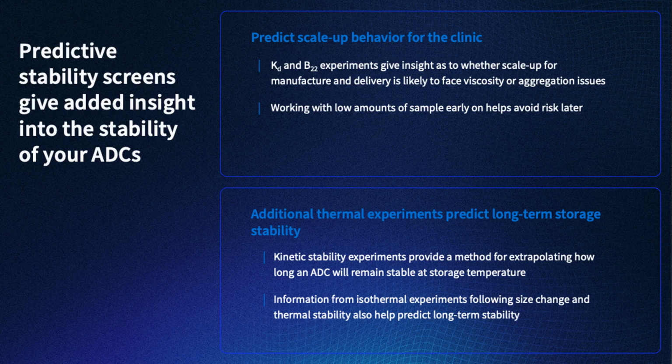The Panta can also be used to do accelerated stability studies. These thermal experiments can save you valuable time by predicting which candidates are more or less likely to be stable in long-term storage conditions. Kinetic and isothermal stability measurements both give you valuable predictive information about the long-term stability of your ADCs and, as we saw, how conjugation impacts the stability.